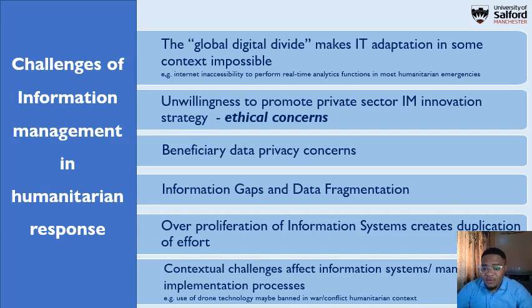Apart from the digital divide, there are also contextual issues. For instance, there's a difference between using information management tools in disaster response and in conflict response, because in most conflict or war related humanitarian response, the use of drones might not be permitted. So that is a contextual challenge that reduces what can be used in humanitarian response.